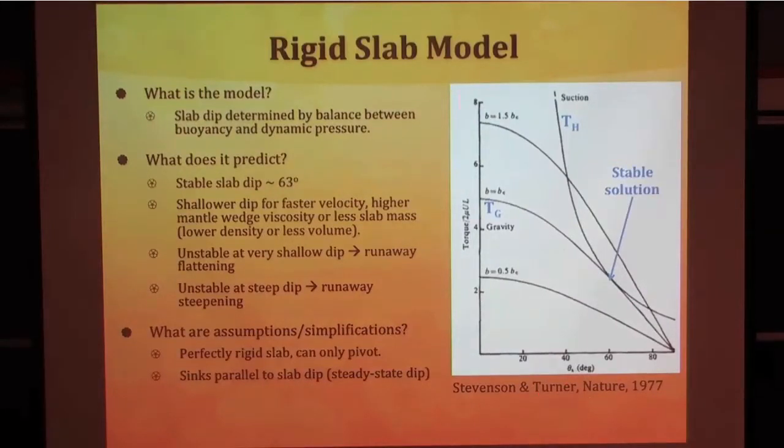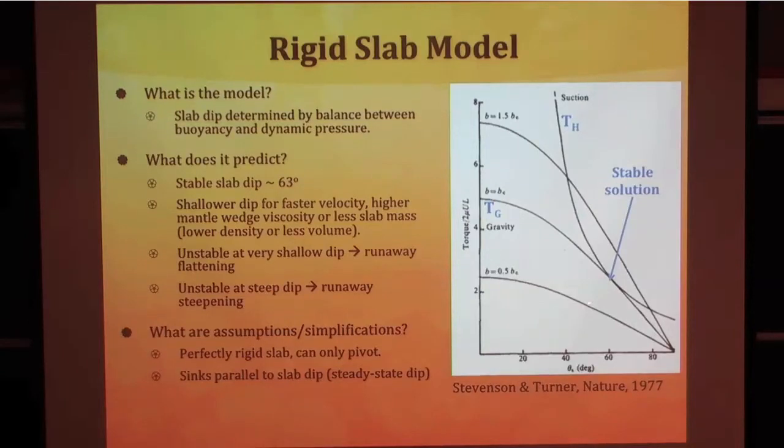This is normalized torque versus angle of the slab, going from small angles to large angles. This curve here is the prediction for the hydrodynamic torque for a given velocity and a given viscosity. Each of these other curves is a different prediction of the gravity based on a certain critical buoyancy for the slab, so varying the density difference or the thickness of the slab.